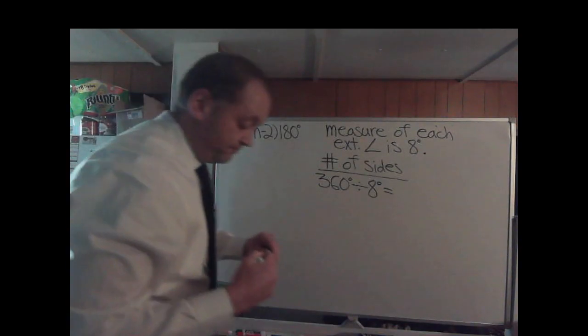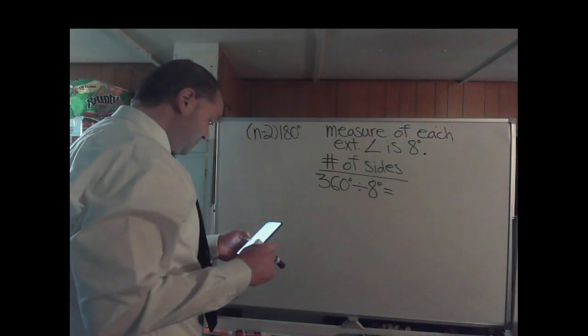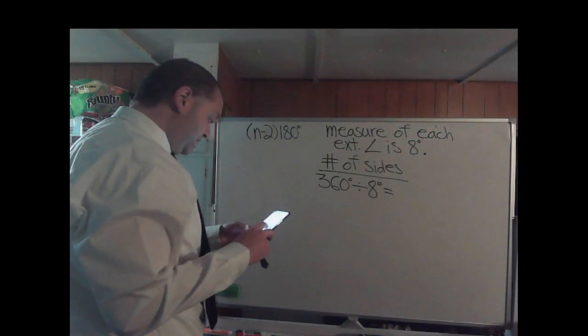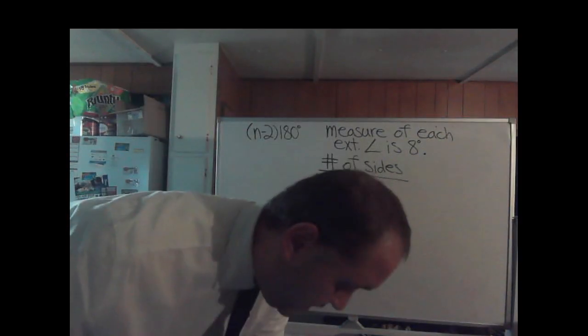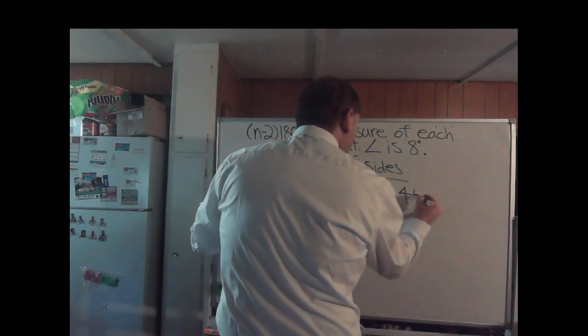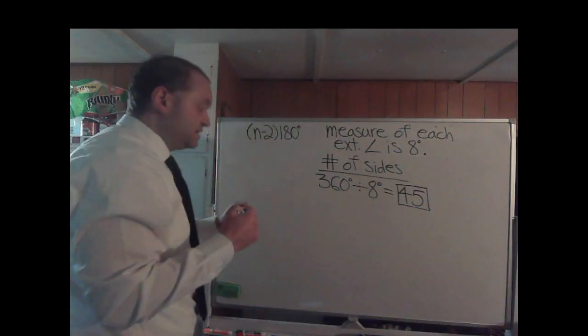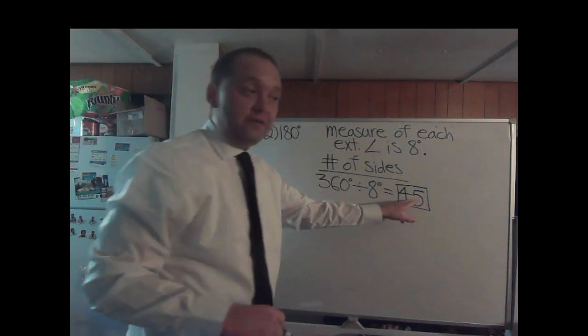And then you should get your answer for the number of sides. So what is 360 divided by 8? It's 45. So this particular polygon has 45 sides. So we're dealing with a regular 45-gon.